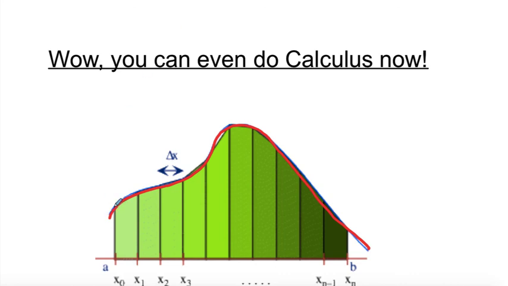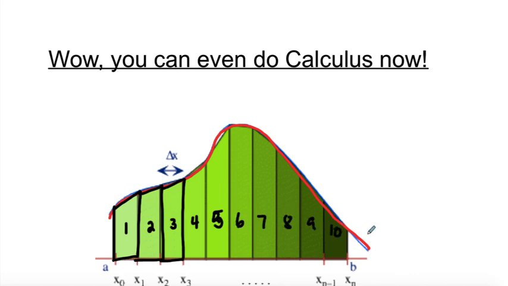Well, if you notice, you could take all these different little trapezoids, calculate their areas, and then add them all up. So even though we're only in geometry, we're learning skills that we're going to use as we progress in our math career.